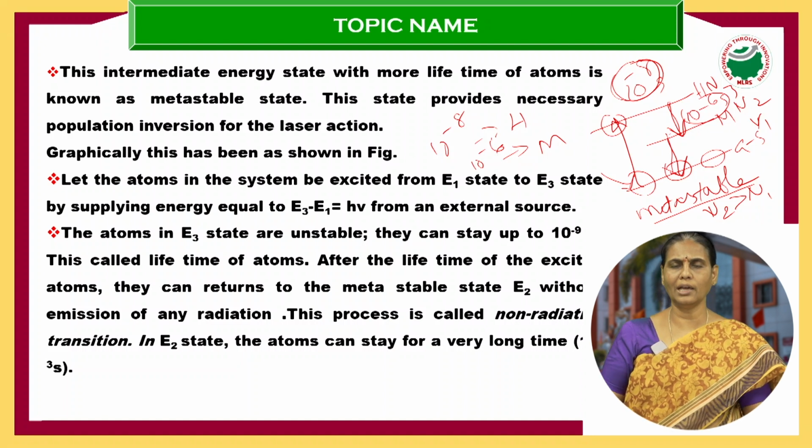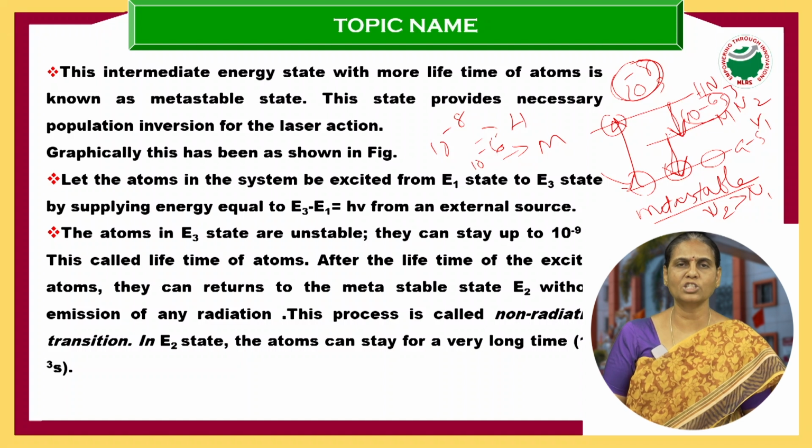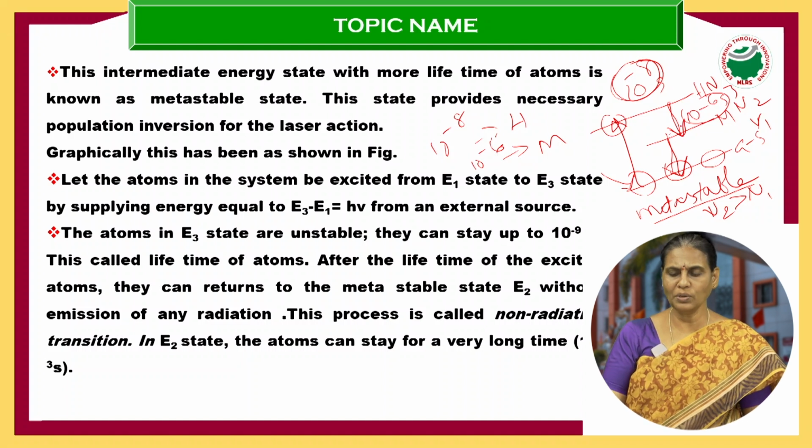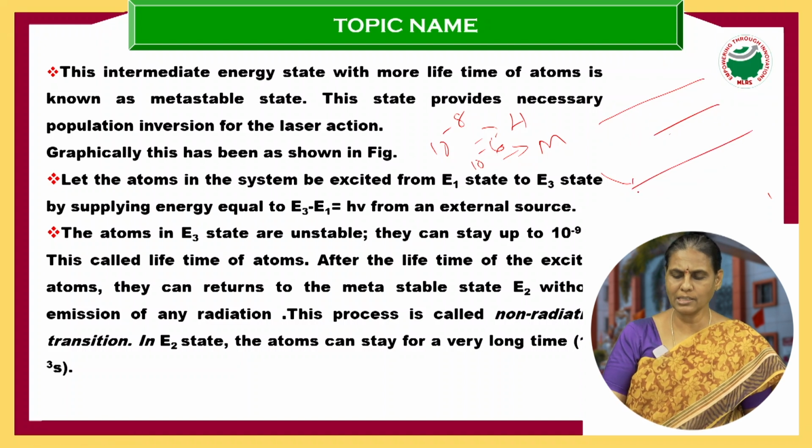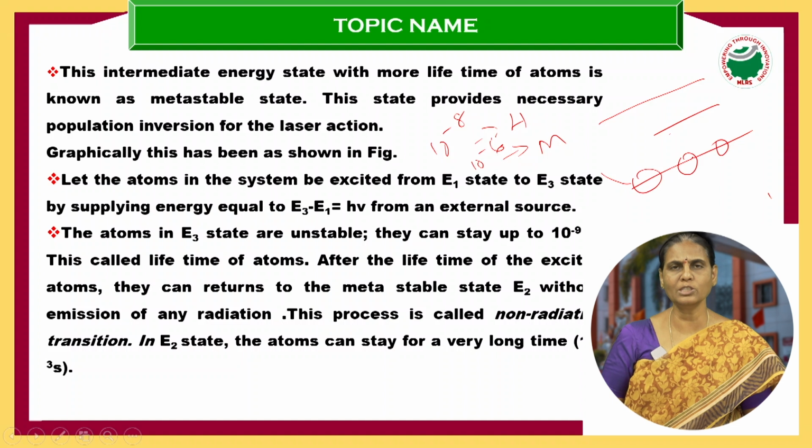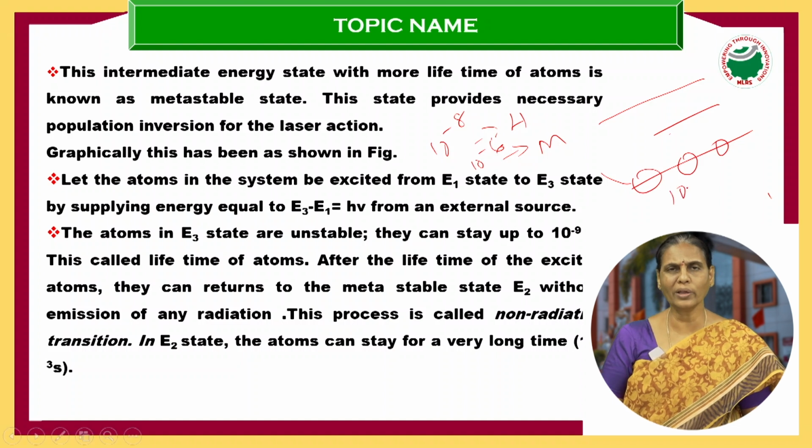Okay, now let us see how population inversion is taking place. As we are saying, in the higher energy state 10^-8, in the middle state 10^-6. For example, let us take 10 atoms present in the lower energy state.